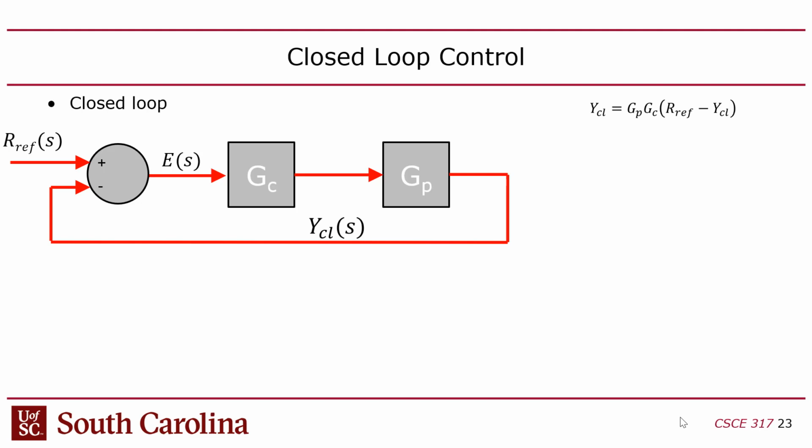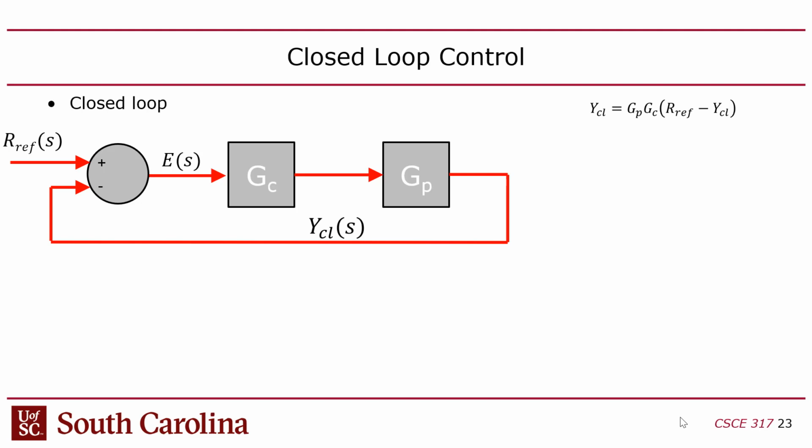I'm using some shorthand here, by the way. So YCL is this signal, and that equals the product of the GP, GC transfer functions. Now, these are shorthand, because GP is actually YCL over GC, a ratio, but I'm not showing the ratio. I just say GP.